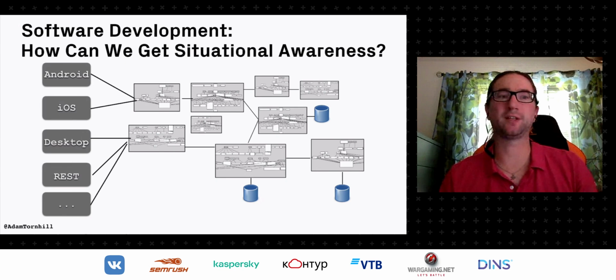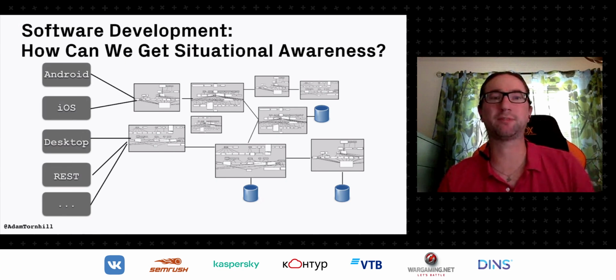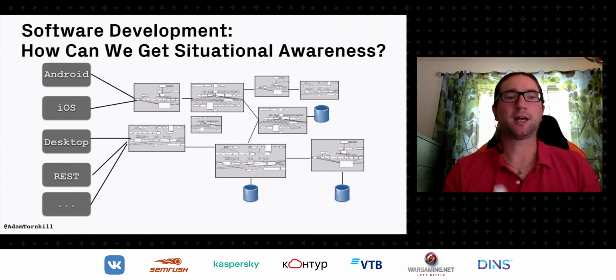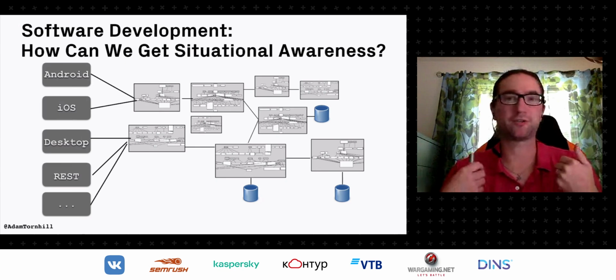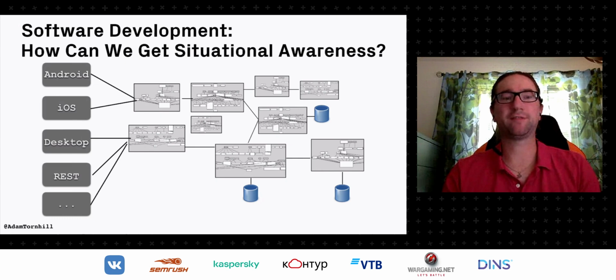And different user-facing applications like Android. We might have an iOS app, we have a desktop app, we have REST APIs to integrate with other systems, and so on. And the question is, of course, if we have a complicated system like that, and we are responsible for making sure it works, right? And it serves our users correctly, how can we pick up that code base and find out if there are any weak spots in that system?